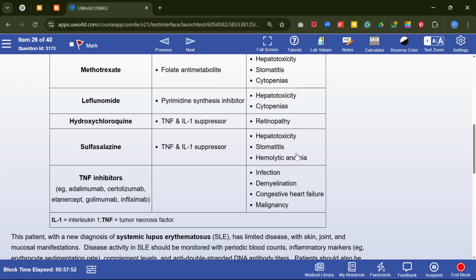Hydroxychloroquine can cause retinopathy. Sulfasalazine can cause hepatotoxicity, stomatitis, hemolytic anemia. TNF alpha inhibitor: infection, demyelination, congestive heart failure, and malignancy.